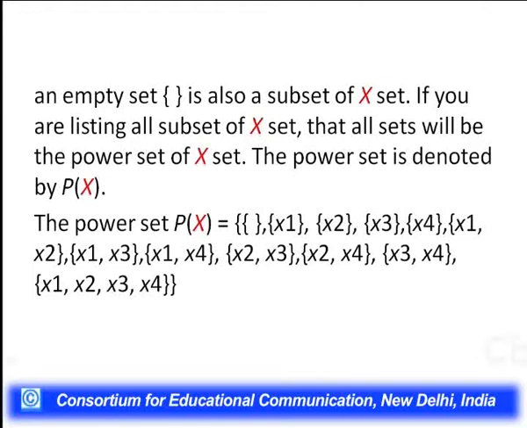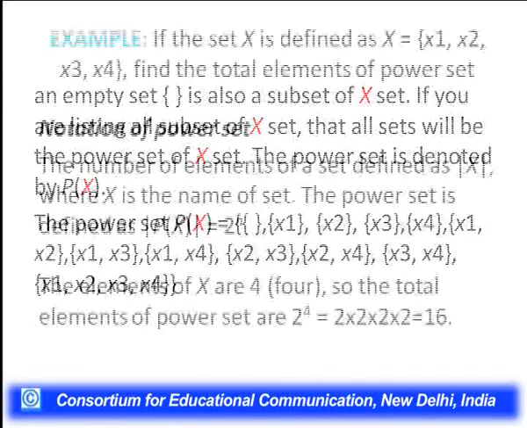The power set P(X) equals {∅, {X1}, {X2}, {X3}, {X4}, {X1, X2}, {X1, X3}, {X1, X4}, {X2, X3}, {X2, X4}, {X3, X4}, {X1, X2, X3}, ... and {X1, X2, X3, X4}}. So these are all the power set.